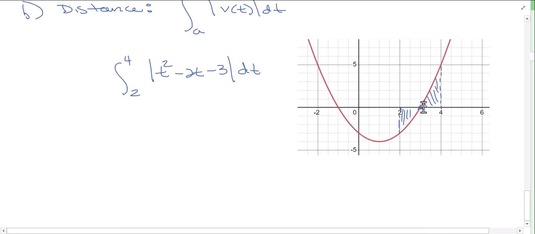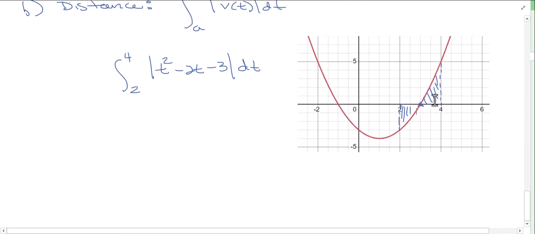But what about the total distance? The total distance, I have to take the absolute value of this. That means whatever is negative, in the parabola from -1 to 3, the parabola dips into the negative, so we have to bring that up to do the absolute value.